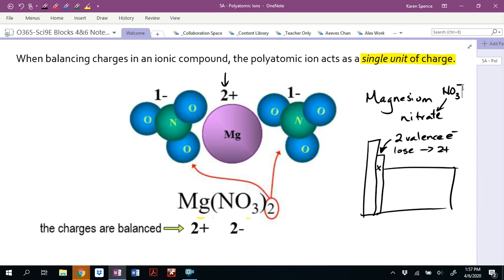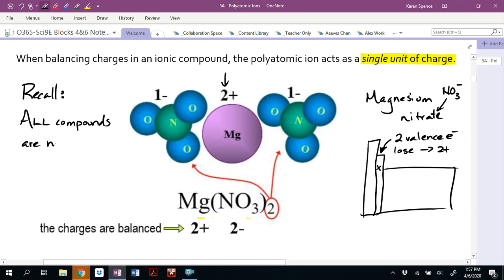In order to have a neutral compound, because remember, all compounds are neutral. Nature does not like us to have extra charge, doesn't like to have an overall positive or an overall negative.